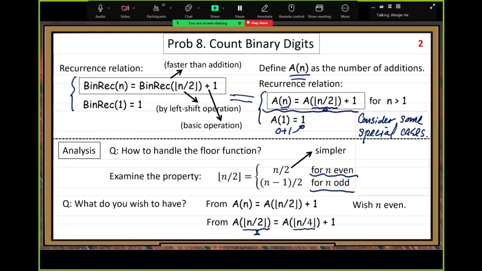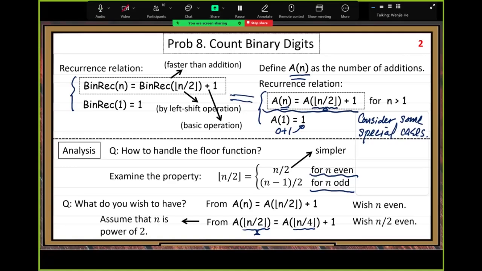So you get a floor function again the second time, and that still makes the equation harder. In order to make the second step simpler, you may like to assume n is a multiple of 4, or n over 2 is even, and so on.